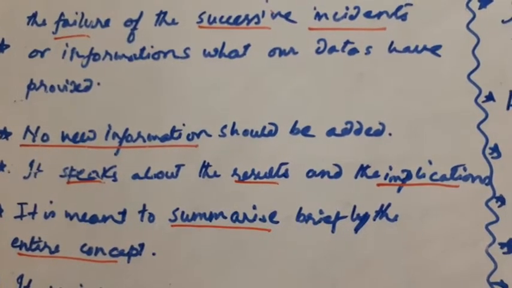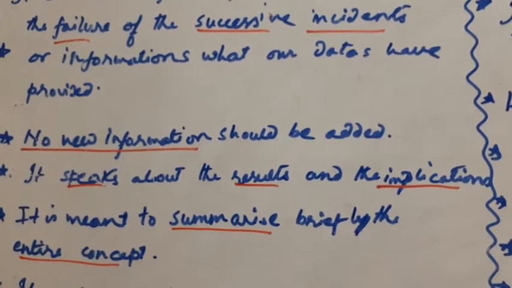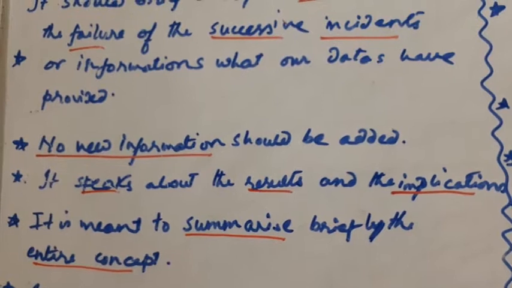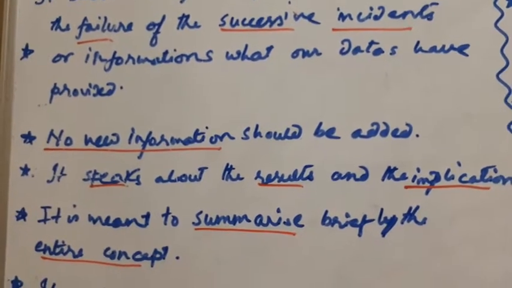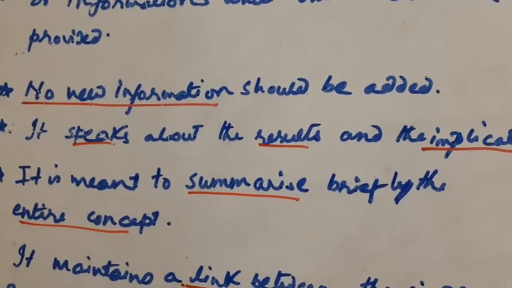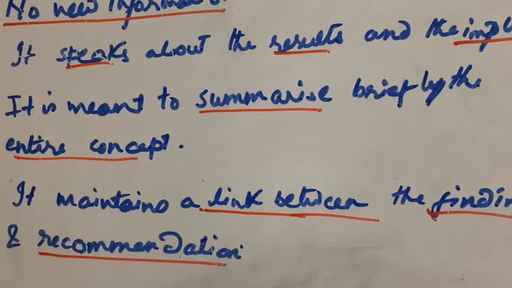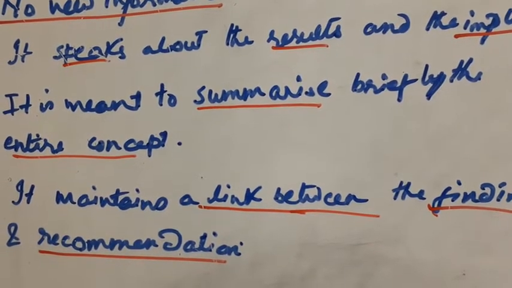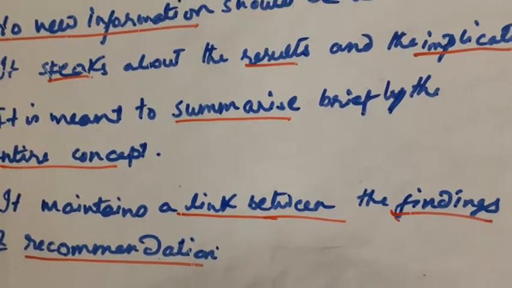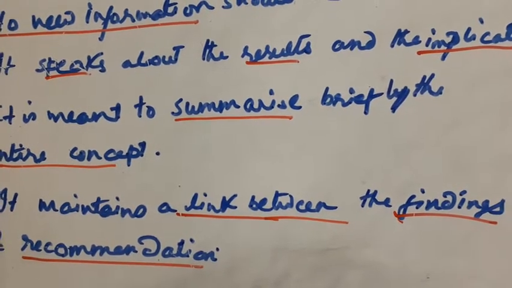Conclusion speaks moderately about the results and the implications. So it means to summarize very briefly the entire concept. And without forgetting, I should mention that it maintains a link between the findings and the recommendation, right?